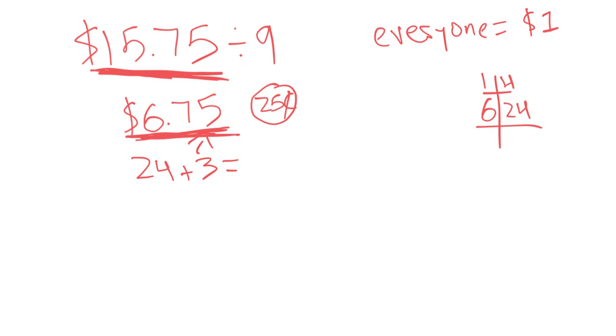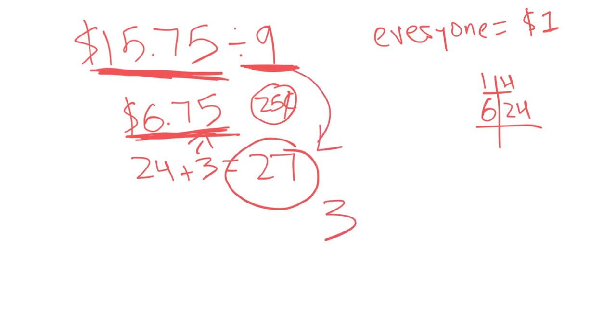That right there is 27 quarters. Look at how friendly this number is, because we're dividing by 9. How many 9s fit into 27? Exactly 3. So that means in addition to this $1 up here, everybody's also going to chip in 3 quarters, which is 75 cents. And that is the answer as well.